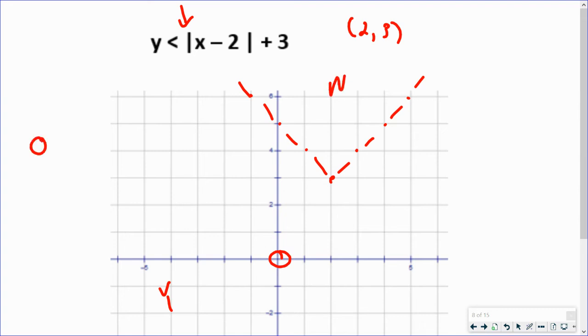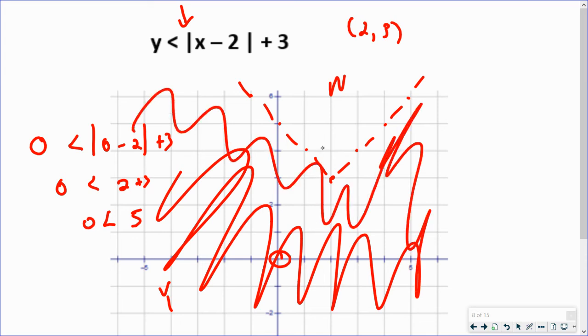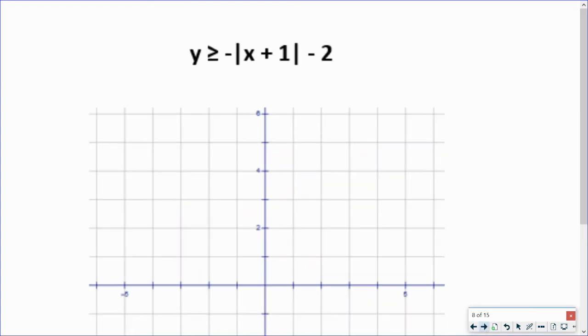So 0 greater than the absolute value of 0 minus 2, plus 3. Is 0 less than 2 plus 3, so 0 less than 5? The answer is yes. That's my yes side. Everything but that V and inside of that.